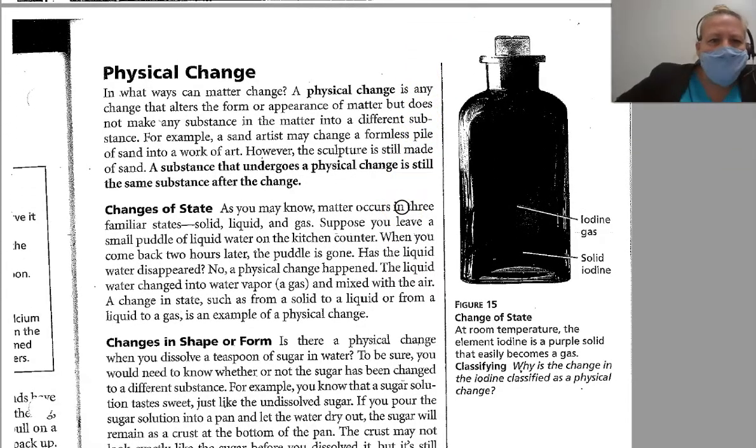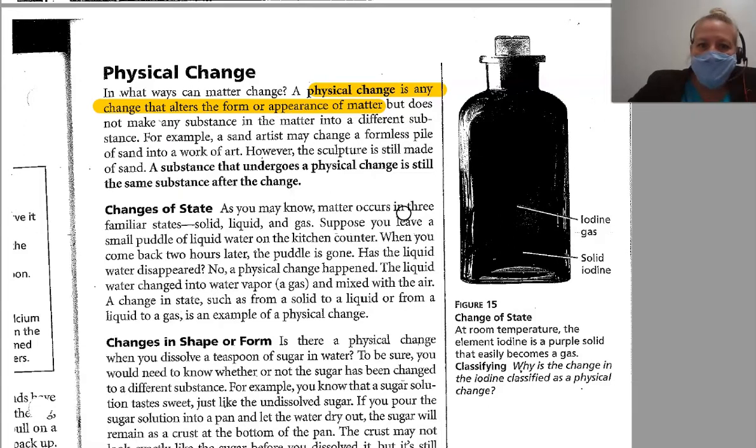Physical change. In what ways can matter change? A physical change is any change that alters the form or appearance of matter, but does not make any substance in the matter into a different substance.